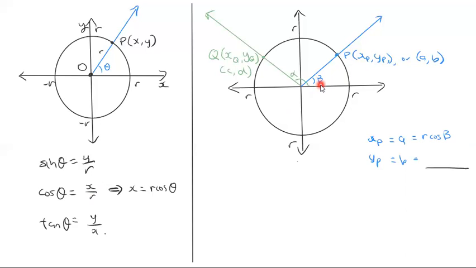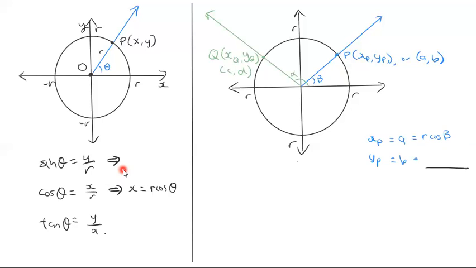And how do you think we work out the y coordinate of P? R sine beta. Right. In general, sine of theta, for any theta, is the y coordinate divided by r.